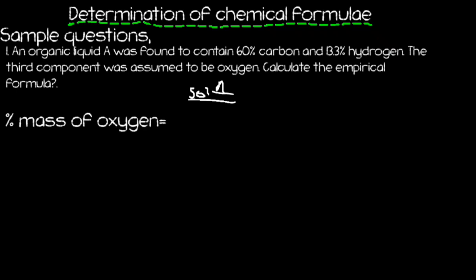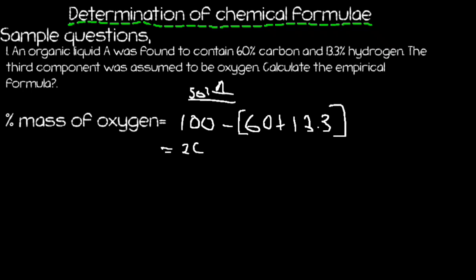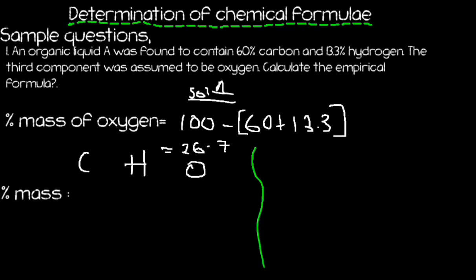Calculate the empirical formula. We were not given the mass percent of oxygen, so we take the total percent, which is 100, minus the mass percent of the others, 60 plus 13.3, which gives 26.7.